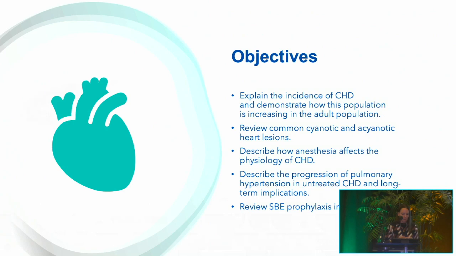Review common cyanotic and acyanotic heart lesions to understand the history of these diseases and to help you understand what your patients really have gone through. Describe how anesthesia affects the physiology of congenital heart disease. Describe the progression of pulmonary hypertension in untreated congenital heart disease and the long-term implications of pulmonary hypertension on these patients. And finally, just to briefly go over the SBE prophylaxis indications.